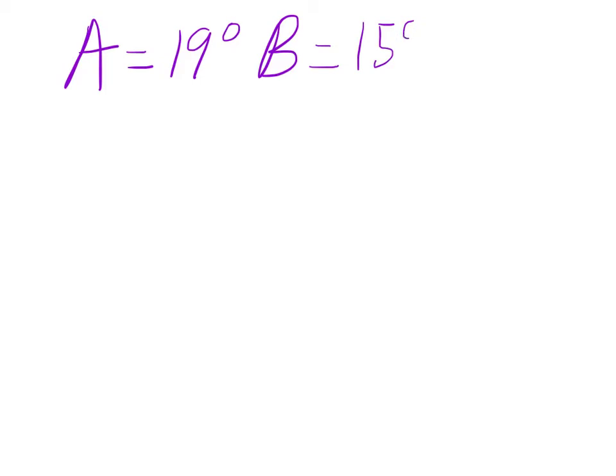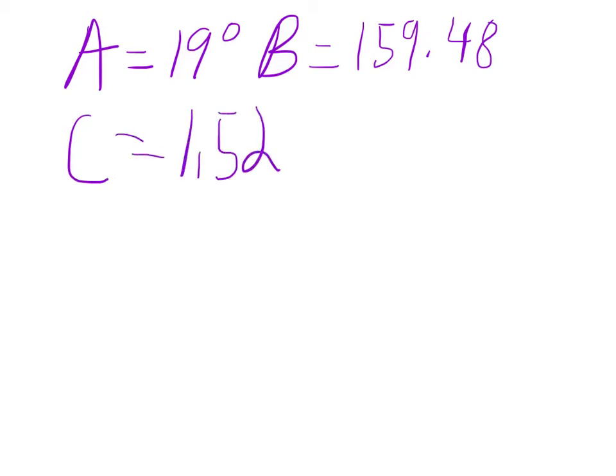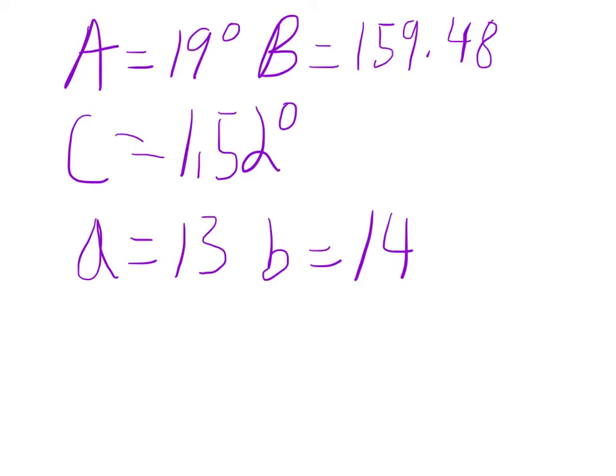And your second triangle is then A equals 19, B equals 159.48, C equals 1.52, and a equals 13, b equals 14, and c equals 1.06.